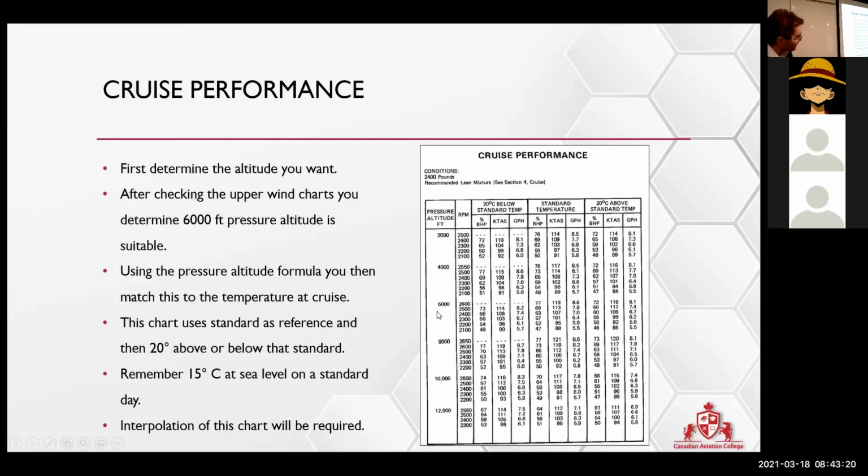So at 6,000 feet, you have this over here, but make sure your pressure altitude at 6,000 feet is really 6,000 feet. Okay? So that can be something else as well. Using the pressure altitude formula, then you just match the temperature. So when it comes to temperature, the standard, 20 below and 20 above standard, okay?